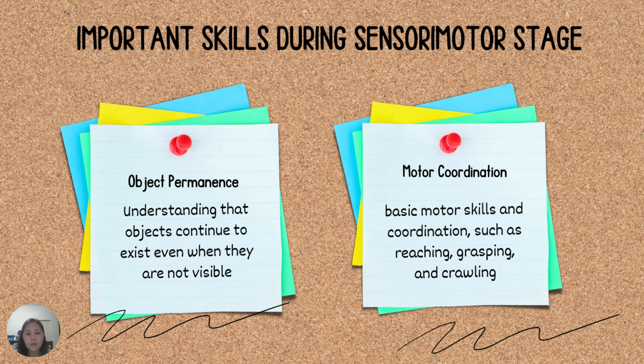So that's why it's very important that manipulative toys be provided, such as blocks or soft balls, to encourage these babies to develop their fine and gross motor skills, forming the very foundation in the exploration of how they can learn interacting with the environment.